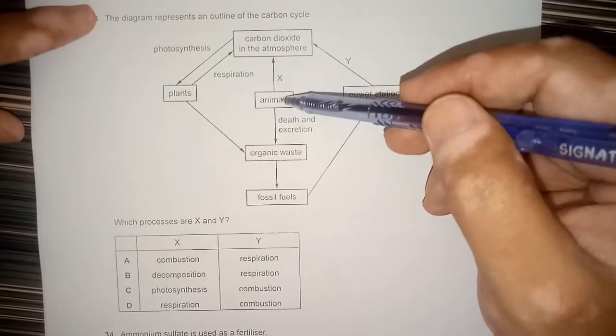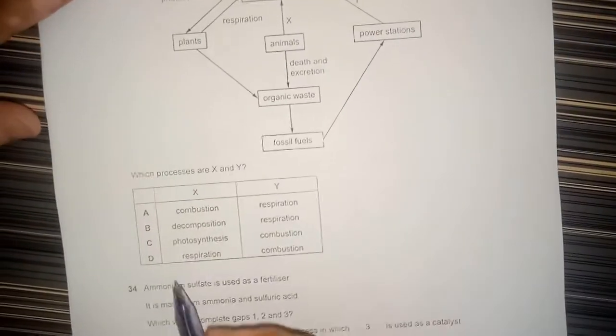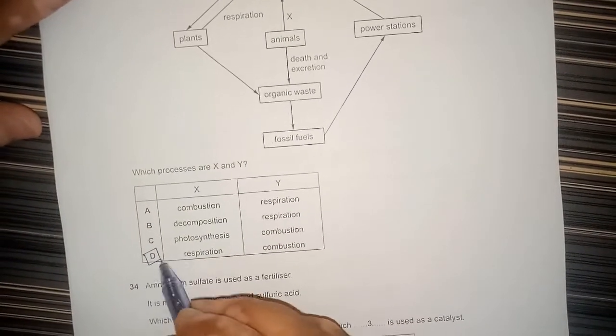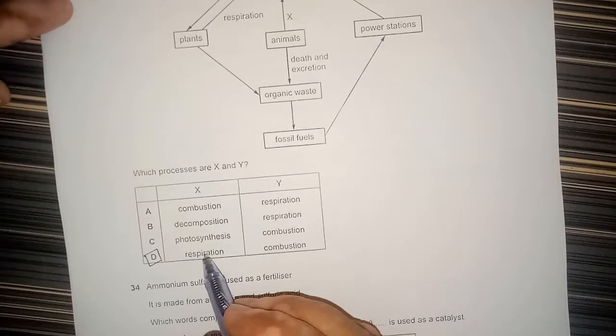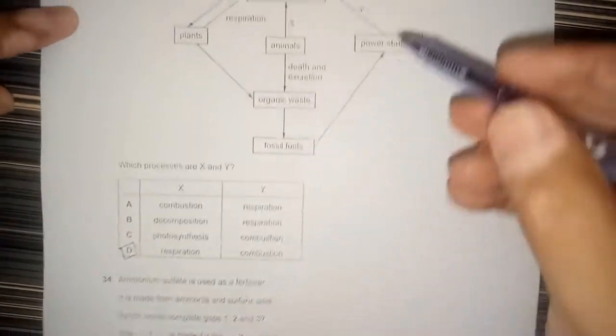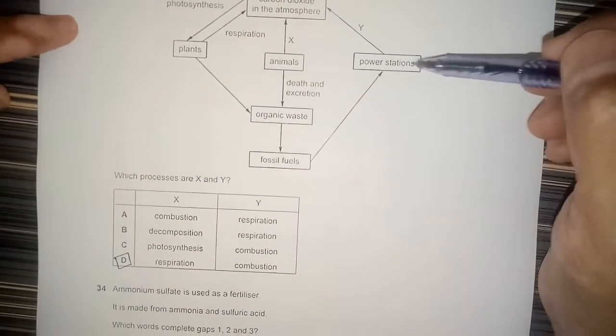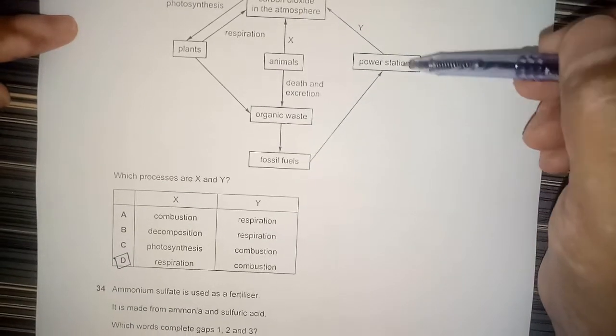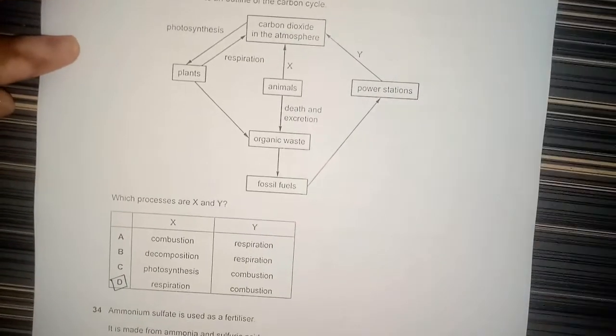So this is respiration. As X is only respiration, the right option will be D. But we have to check for Y as well. Power station, so this is combustion. This is combustion, burning. Got it?